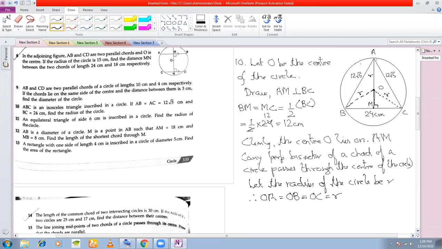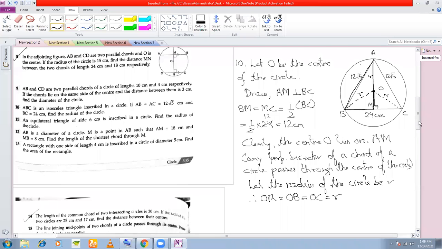Now, from Pythagoras theorem, can you find out the length of AM? If you consider the right angle triangle AMB, this is the right angle triangle that I'm talking about. In this right angle triangle, you know the hypotenuse, you know the base BM, you can find out AM. Let's find out AM.